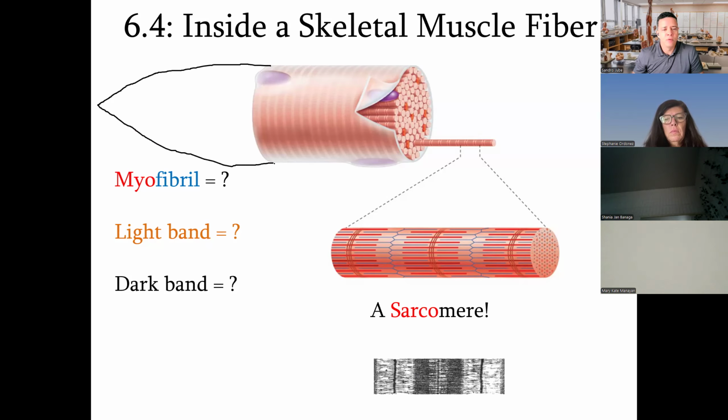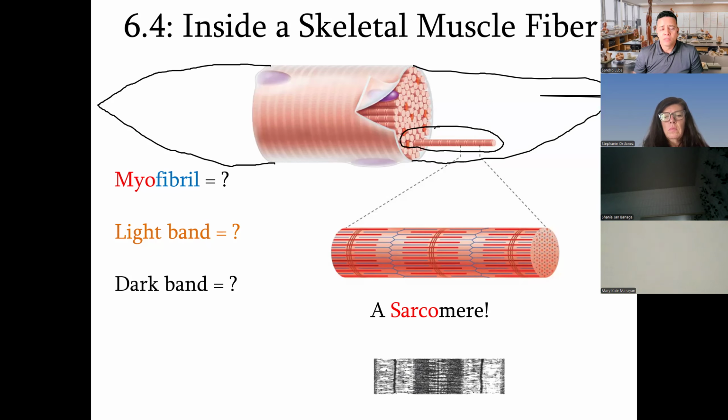So if I were to finish this cell right here, this is what the cell would look like. We're taking a little slice of that muscle cell. And as you can see, the skeletal muscle cell is packed with myofibrils. Now, these myofibrils, as we can see right here, let's take a little slice of it and amplify it. The myofibrils have a pattern to them.